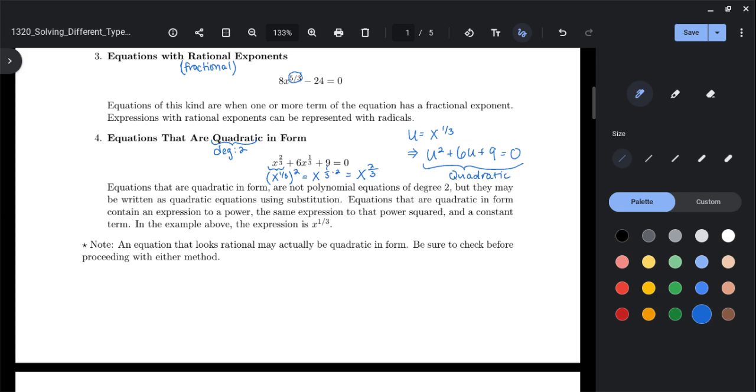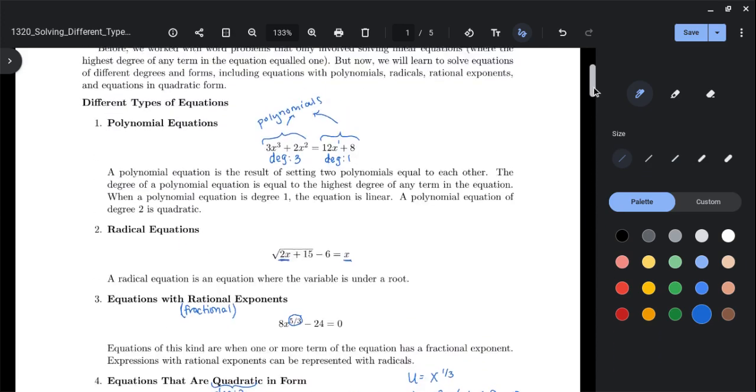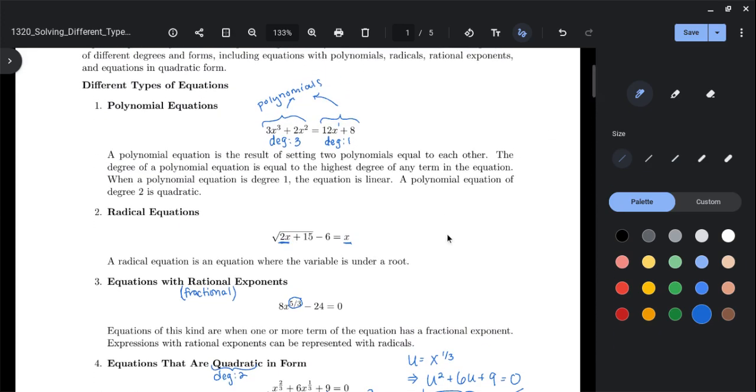One thing to note is that you can have one equation, for example, with rational exponents, and it is very possible that you can just rewrite it as a radical equation and then use that technique to solve that equation.